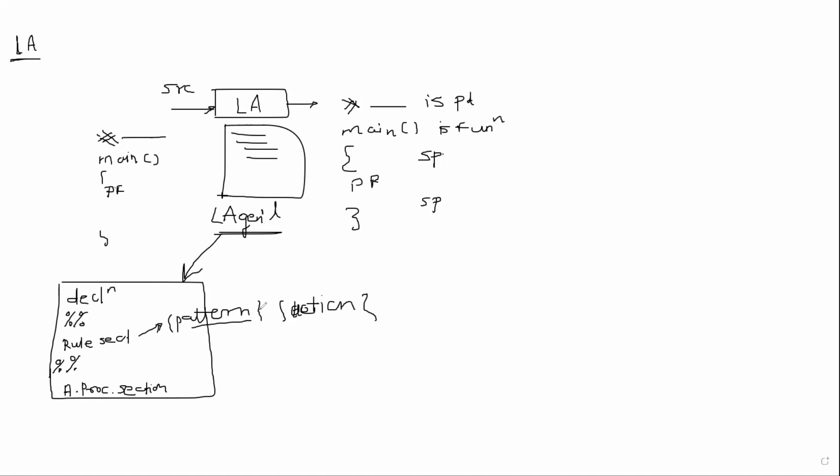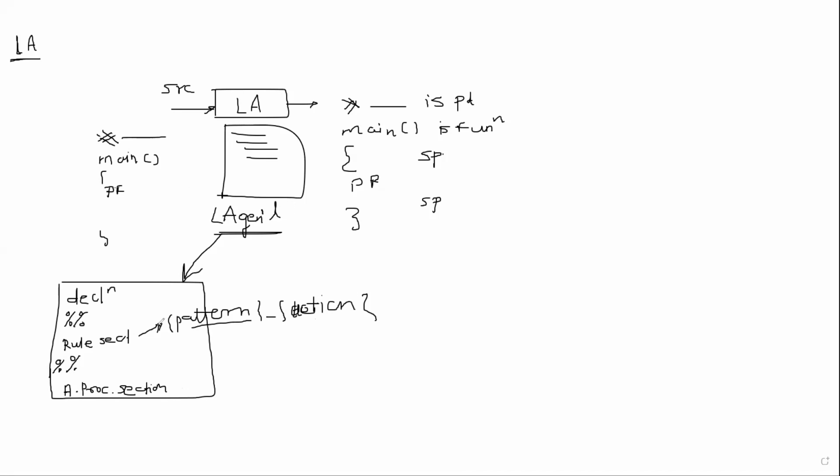You have to specify the pattern, and by keeping some space, you have to write the action in curly brackets. Okay, so that is how the rule section is specified. And in the procedure section, same as your main procedure, you are going to read the input, process it, and get the output out of it.